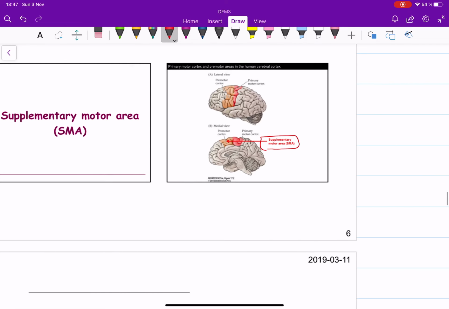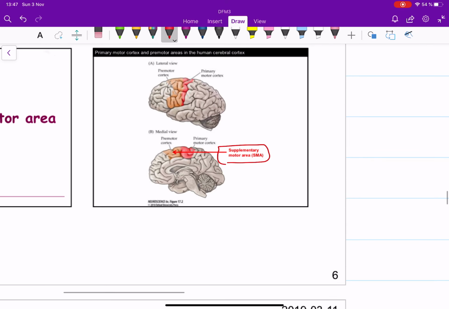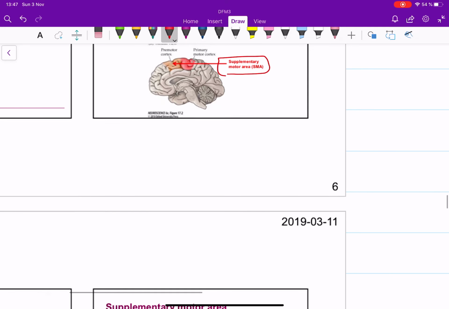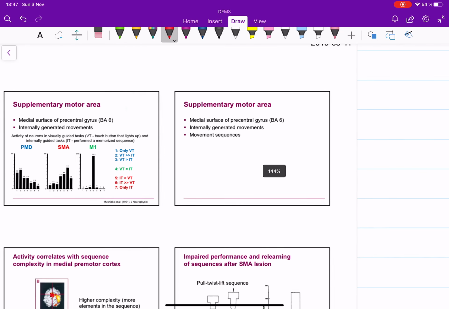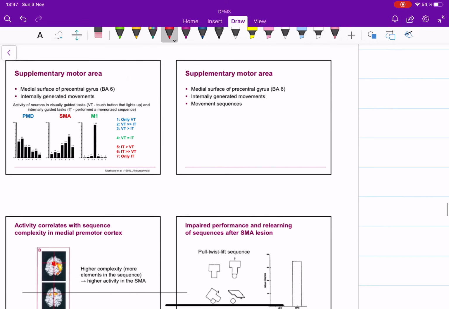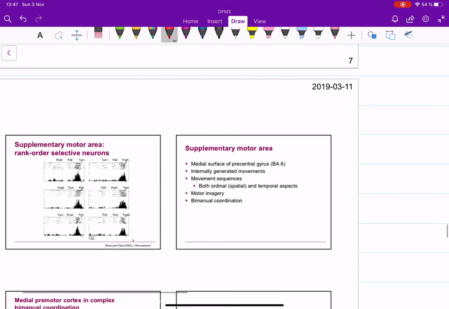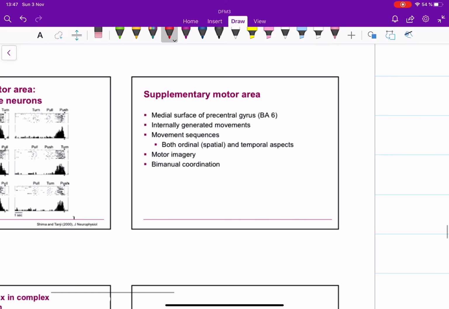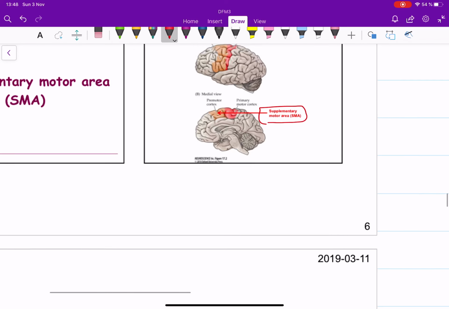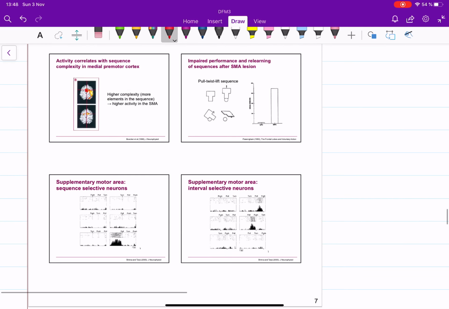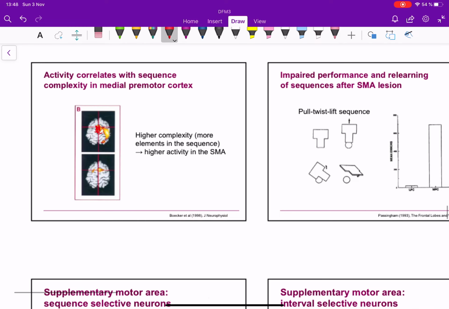So what could it be responsible for? Try to think about that. Bimanual coordination. The location of it allows it to be a bimanual coordination part. Remember, bimanual coordination.